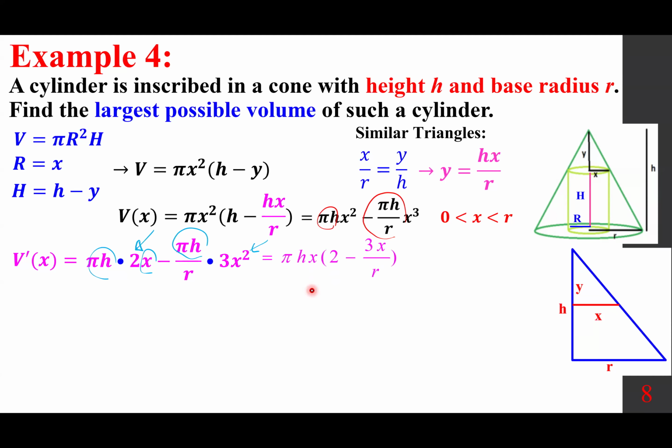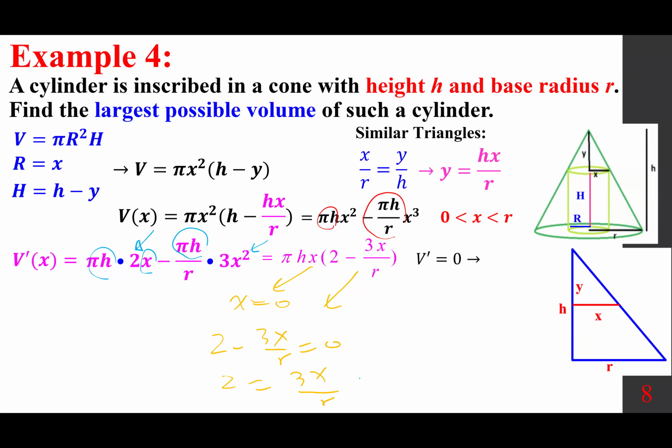I hope everybody's okay with that, because I'm looking for critical points and I'm going to set them equal to 0. So when I set v prime equal to 0, I get either x equal to 0 or 2 minus 3x over r equal to 0, or 2 equals 3x over r.